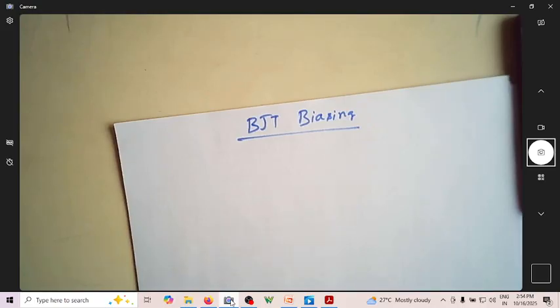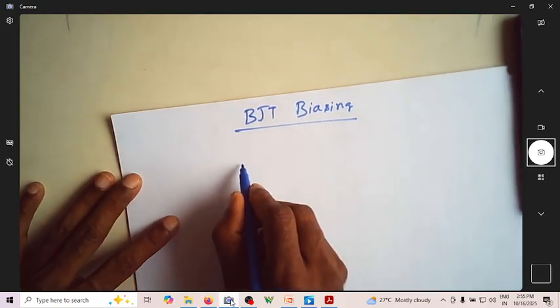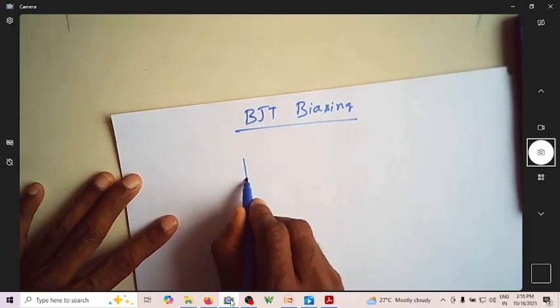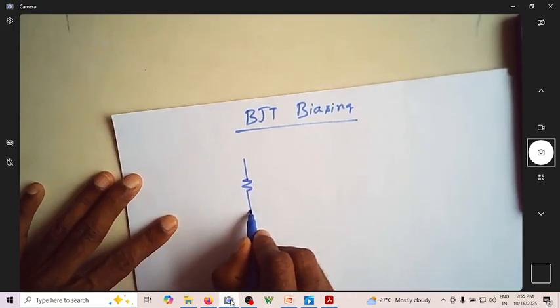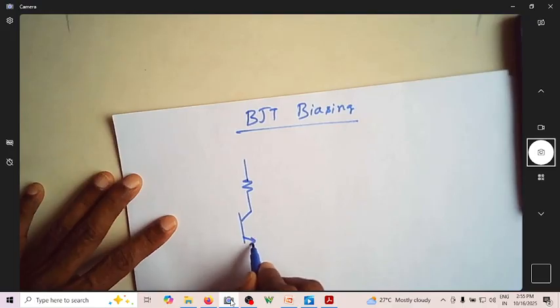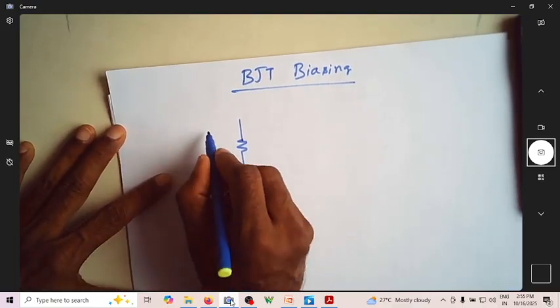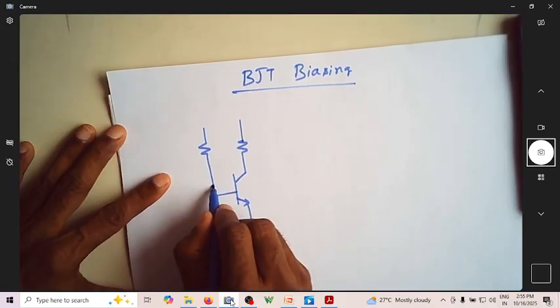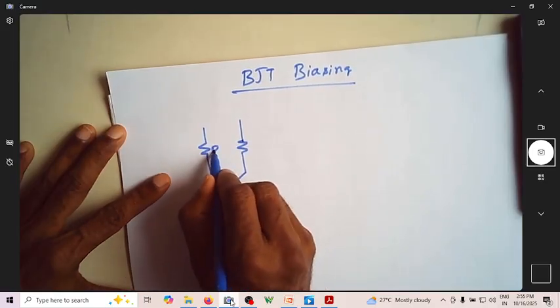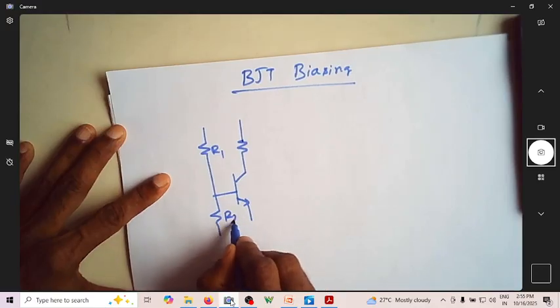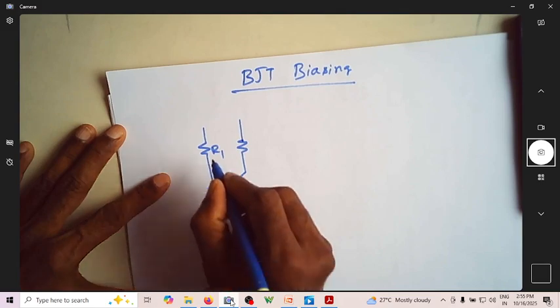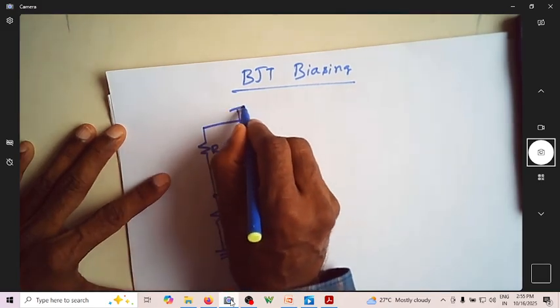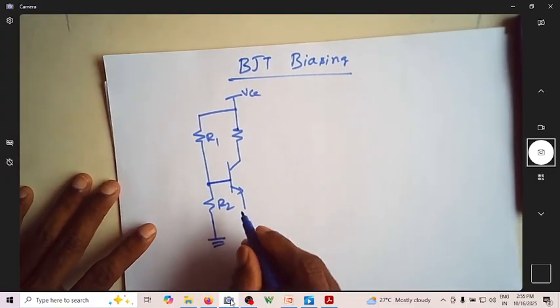You have this BJT here. Now this resistor, let me name it R1, and this one R2. Let me connect this junction to the base. Let me ground this. Let me connect this to VCC.